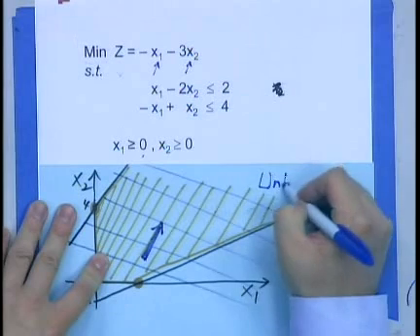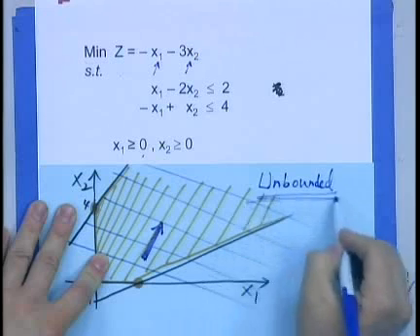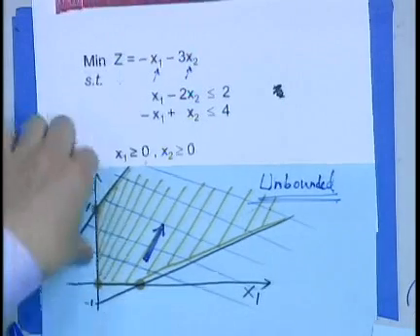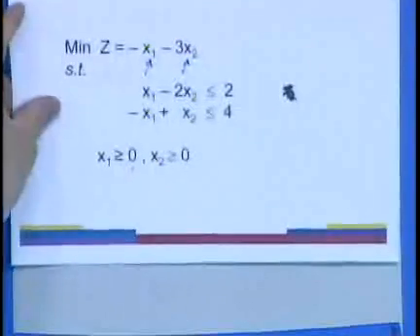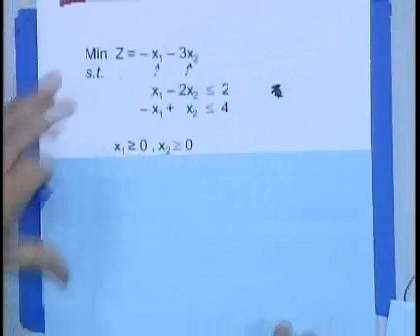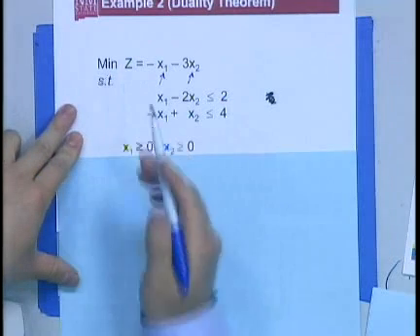So the primal problem has the unbounded objective. Okay? Now, let's construct the dual problem based on this primal problem. We immediately notice that the dual will be a maximization problem, right?